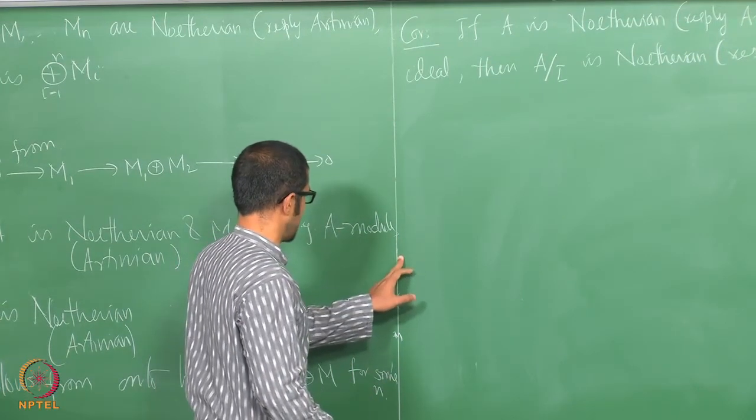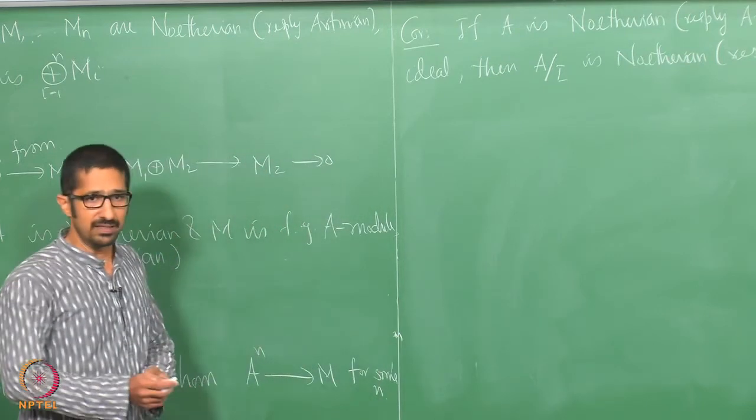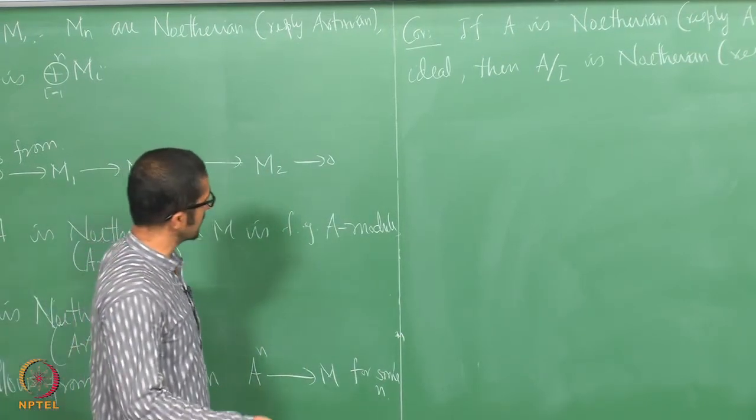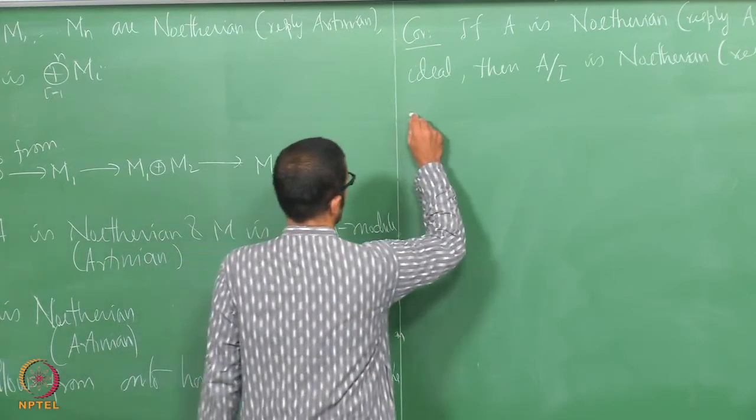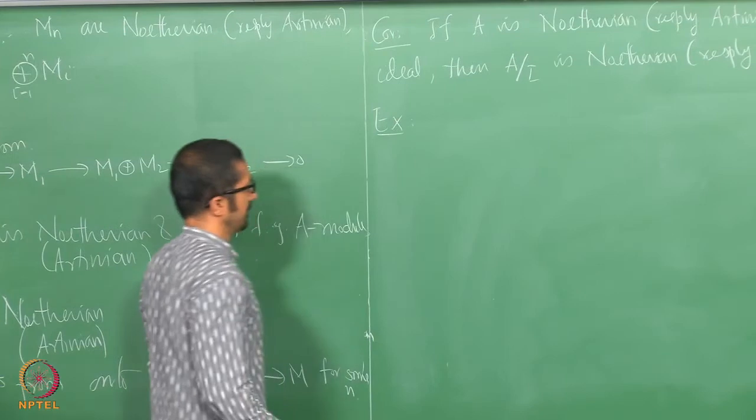So, we have already seen some examples of rings which are neither Noetherian nor Artinian and so on. Here is one more important example.